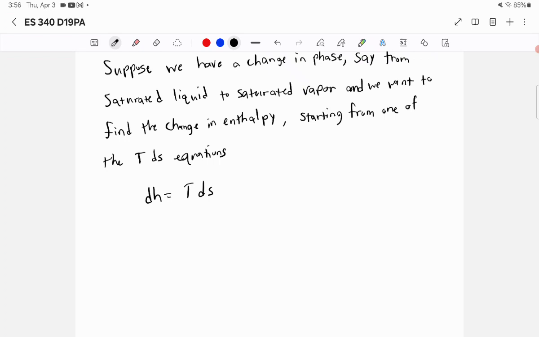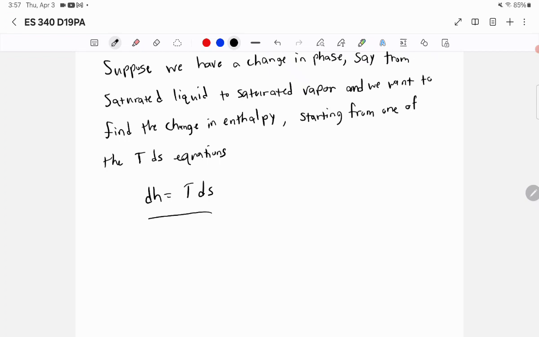There are other types of changes in phase, of course, obviously going from solid to liquid, or solid all the way to vapor. You can have all these different types of changes in phase, but we'll focus on the cases that we've been dealing with thus far.